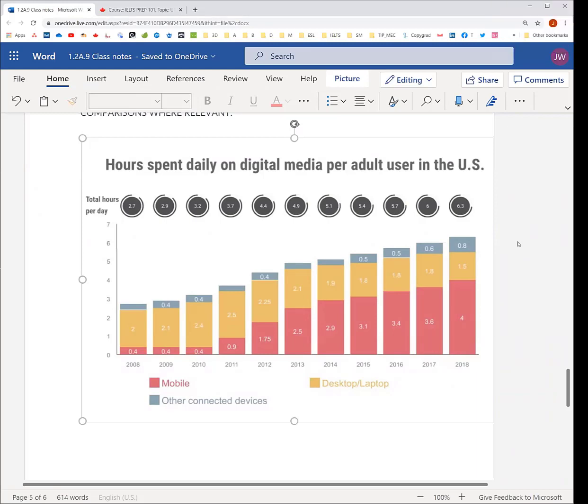So the numbers at the top are the total hours using digital media, and the graph represents how they use those hours. They use it on mobile, other connected devices, and desktop/laptop. Good. So this is a breakdown, right? This is the total, and this is broken down by device type.